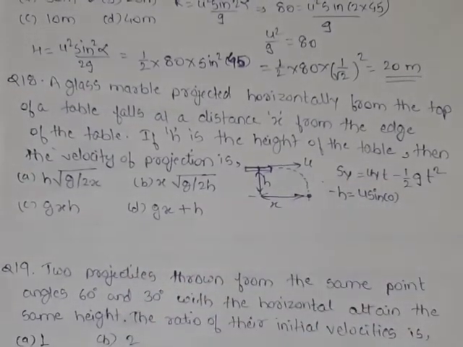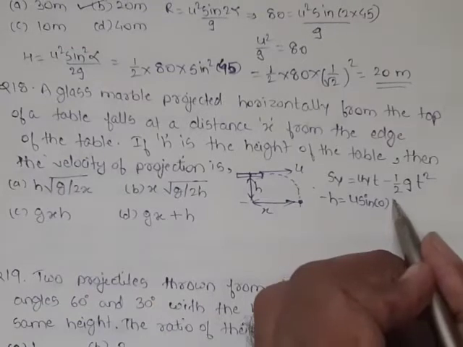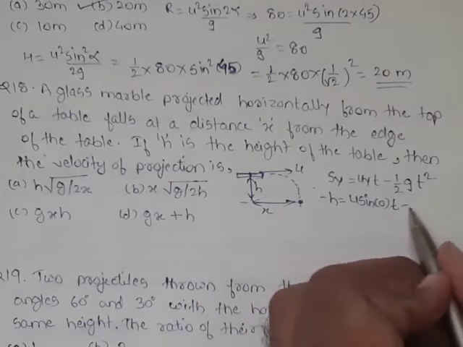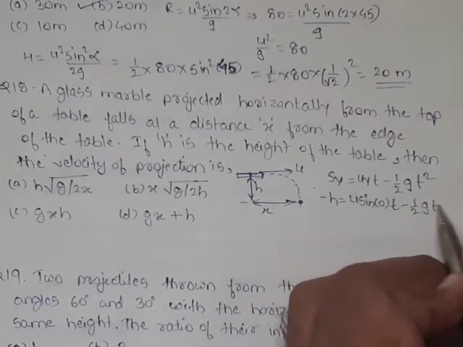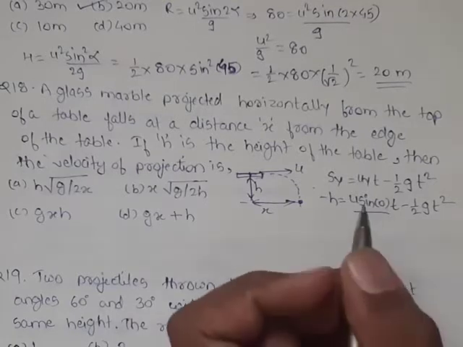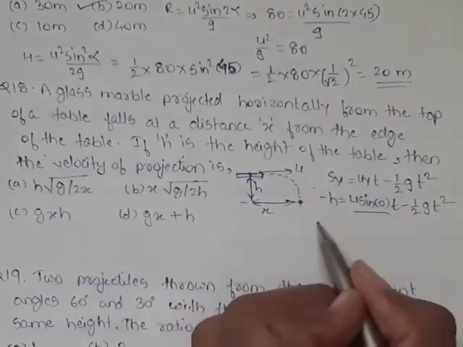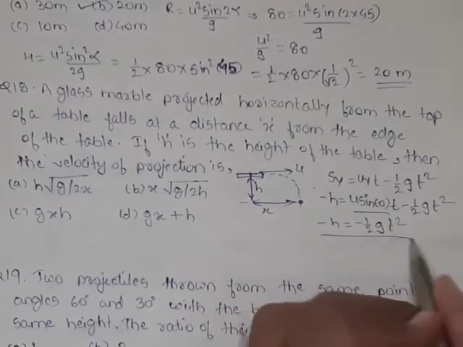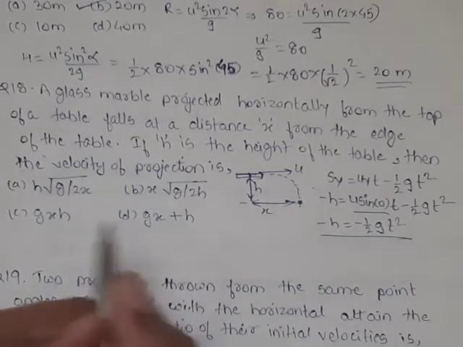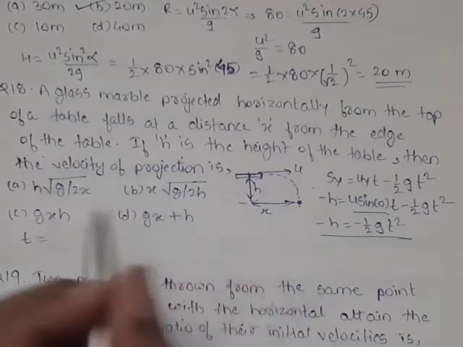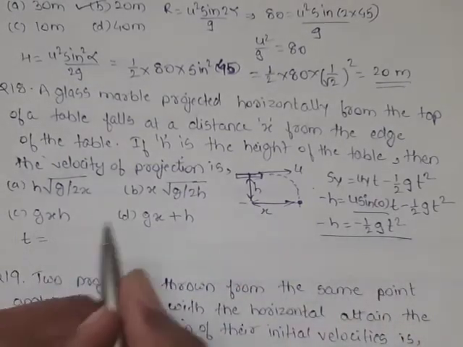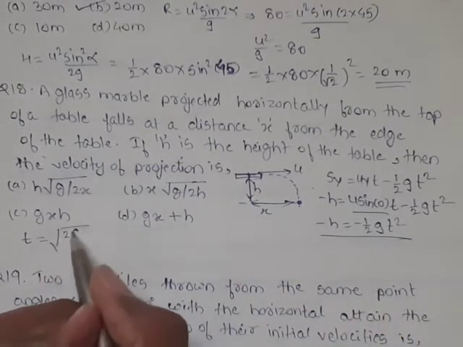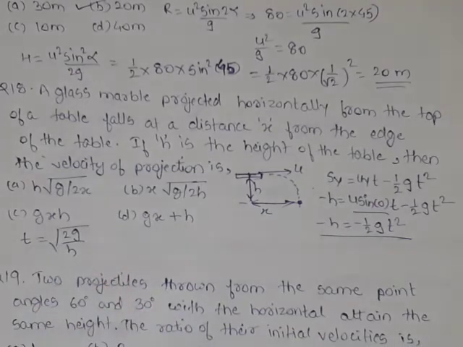So u sine 0 t minus 1/2 gt square. Sine 0 is 0, so we can say minus h equal to minus 1/2 gt square. From here we get the value of t. We are simplifying this to get t equals under root 2g upon h.